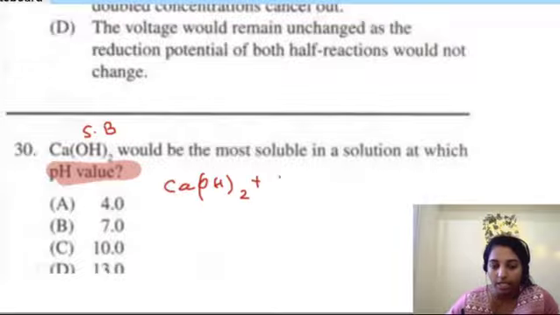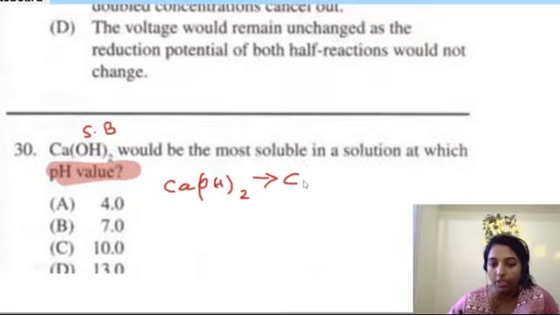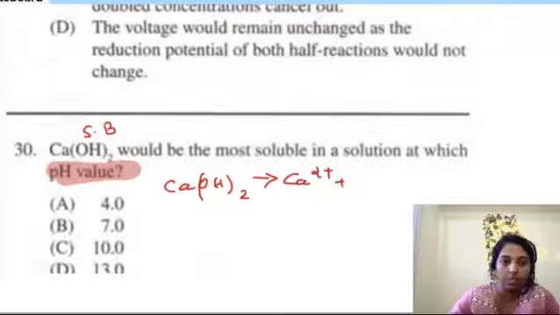Whenever there is an acid, like H+ is there, they will react. So what is happening? Ca(OH)2 is a fully dissociated thing, correct? It's a strong base. So you can write Ca2+ plus 2OH-.